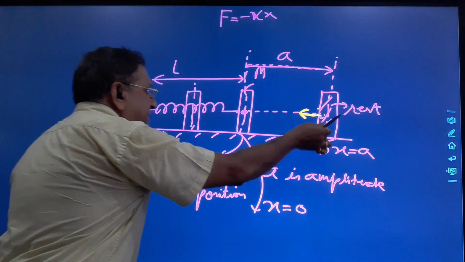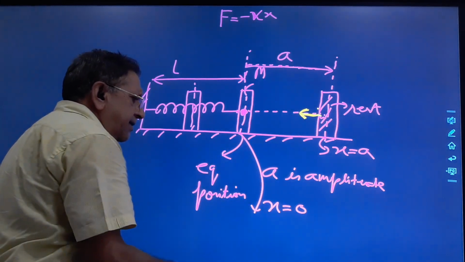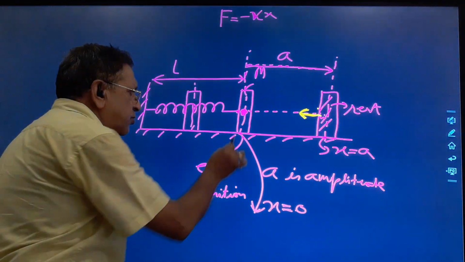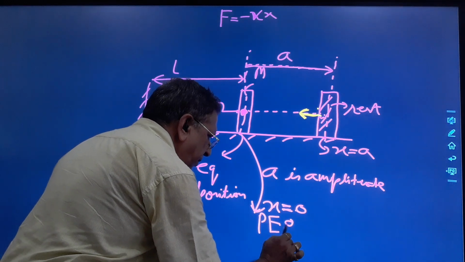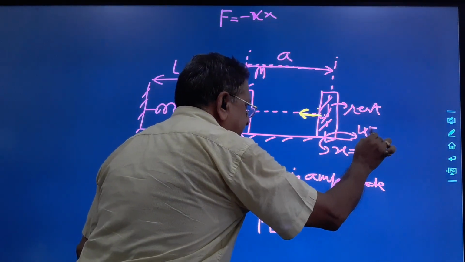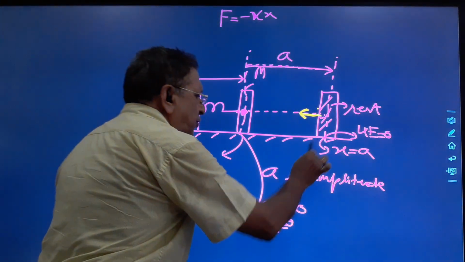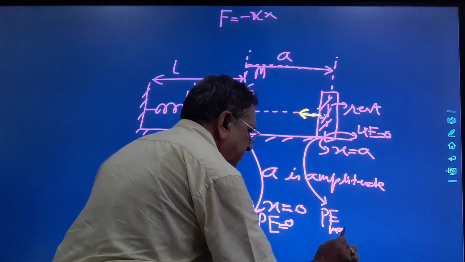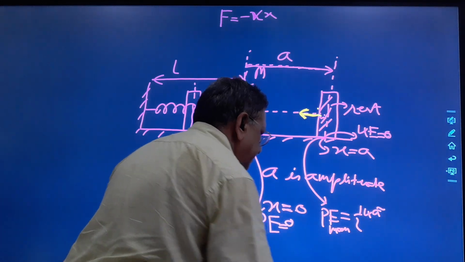From rest, it increases its kinetic energy, and when it comes here, the extension in the spring is 0. So at this position potential energy is 0, and at the other position kinetic energy is 0 and potential energy is maximum, equal to half k A square.